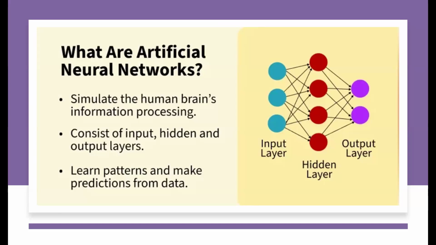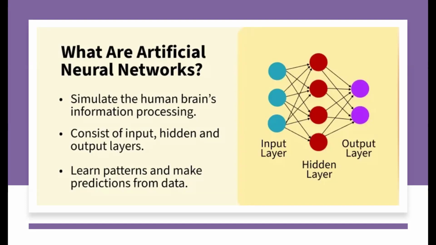It simulates the human brain's information processing. As we humans think and have perceptions, in a similar way the artificial neural network behaves. It consists of input, hidden and output layers. So there are different outputs.